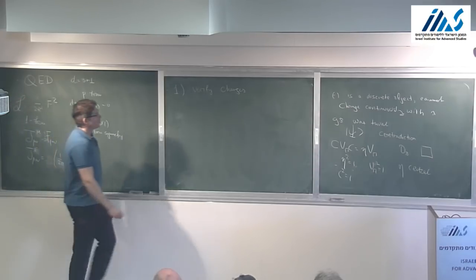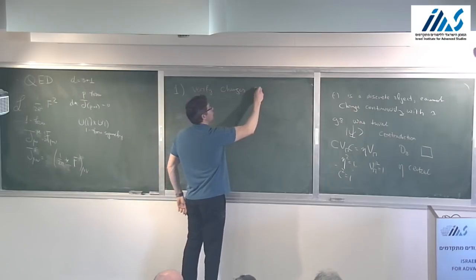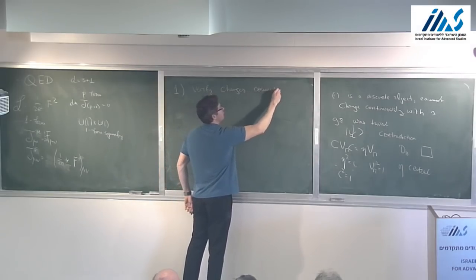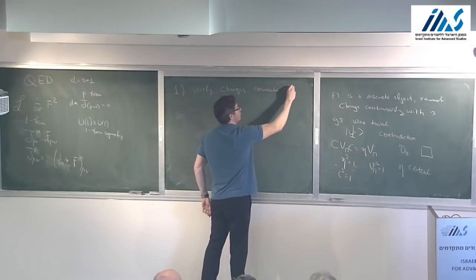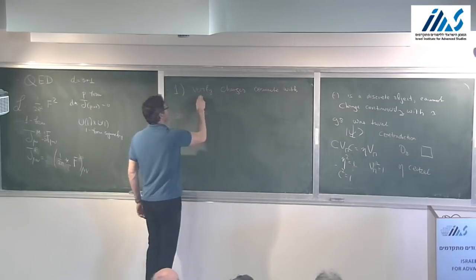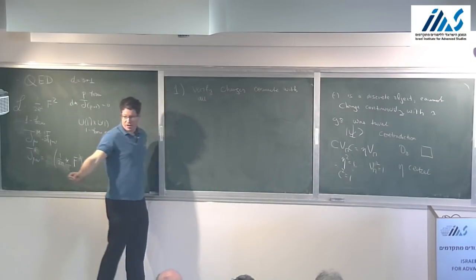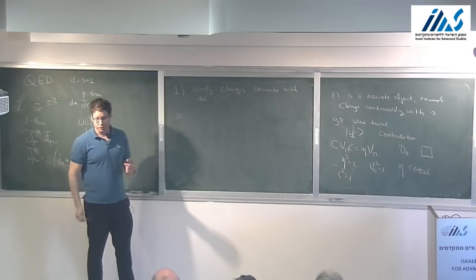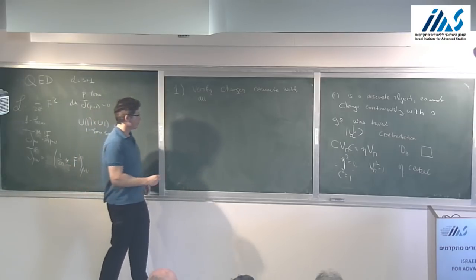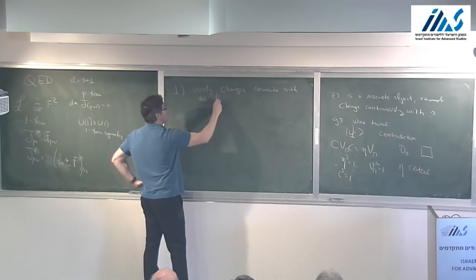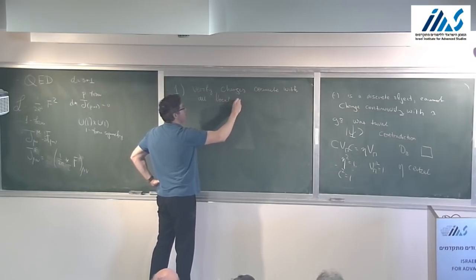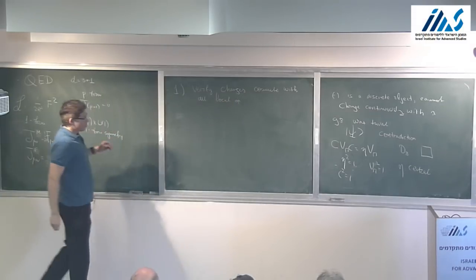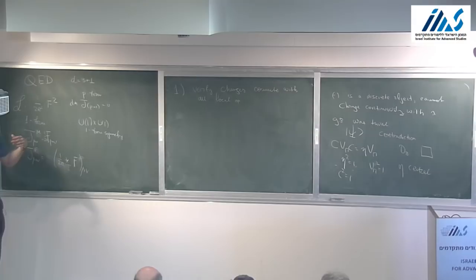You can verify that those charges commute with all local gauge invariant operators. And this comes back to a question that Sasha asked, which is how do those symmetries act? We'll understand it now. They don't act on local operators, nor do they act on particles, because that's the claim to fame of higher symmetries. They act on extended objects.